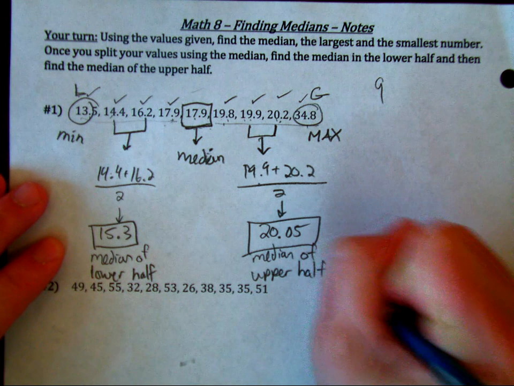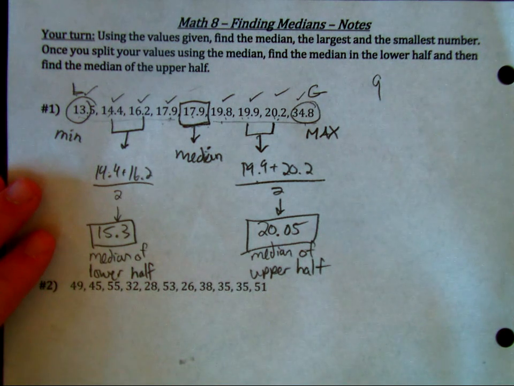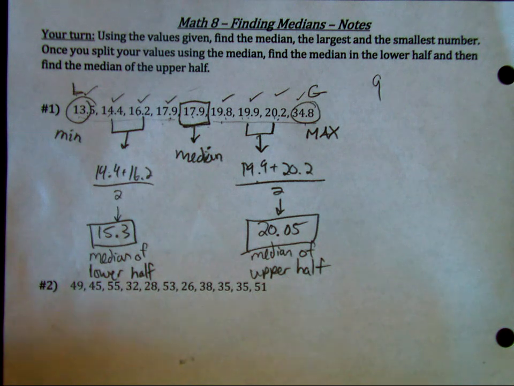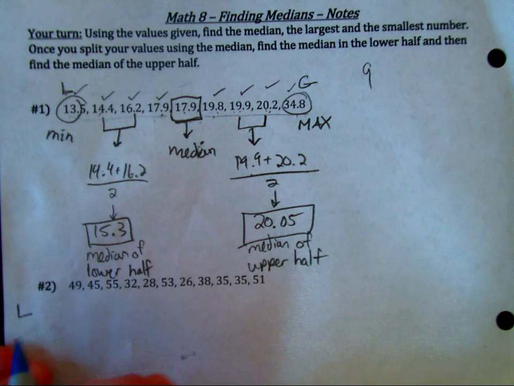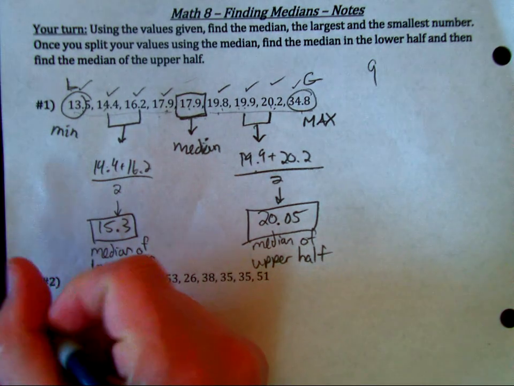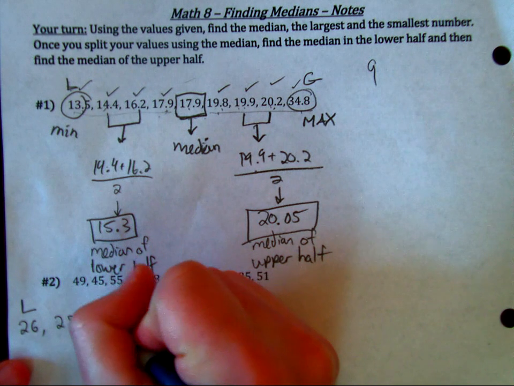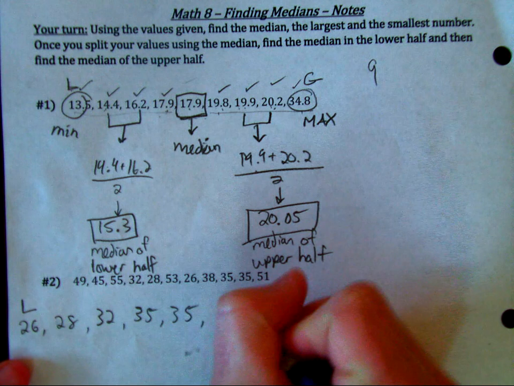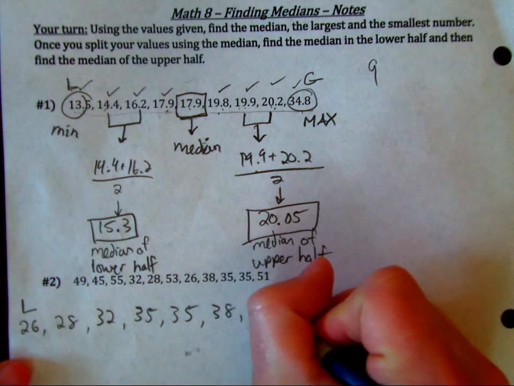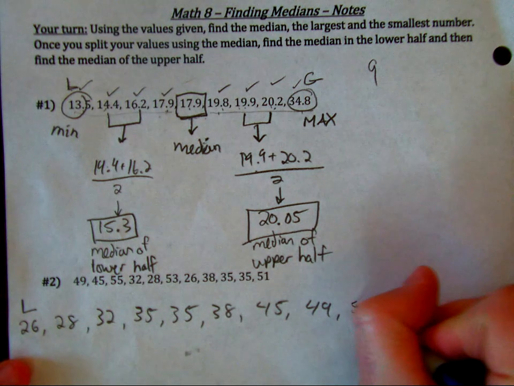Again, be very mindful of the values that you have in here for yourself. Be sure they're in order from least to greatest. For that second one, let me order these because we need to do that first. So we have 26, 28, 32, 35, 35, 38, 45, 49, 51, 53, and 55.